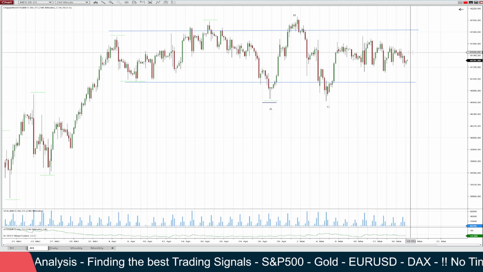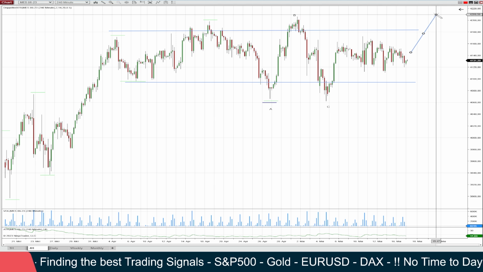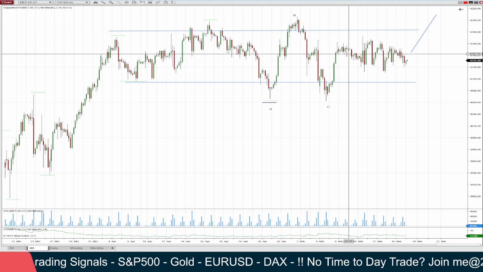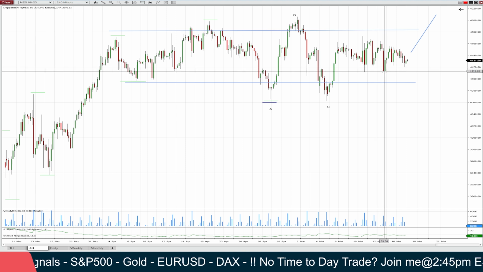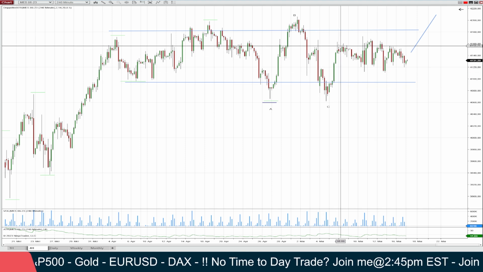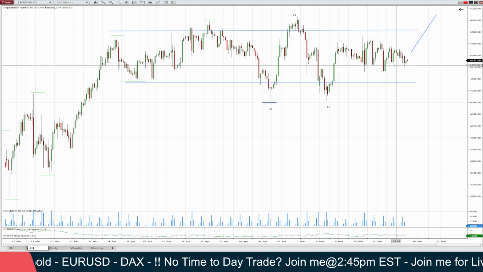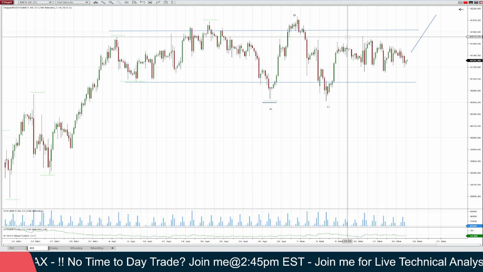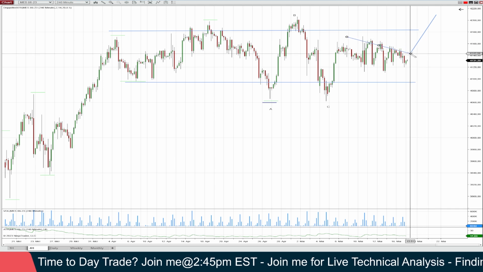Scenario 1 could be maybe the most likely after this push. Then like this, it's like a long flag, you can call that.